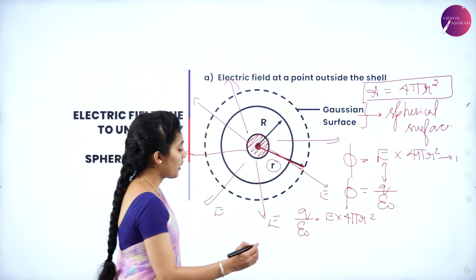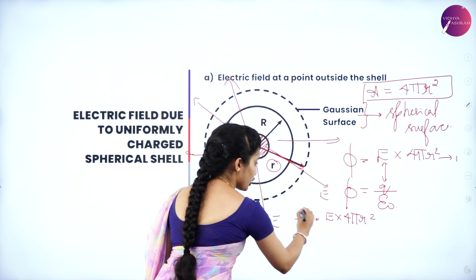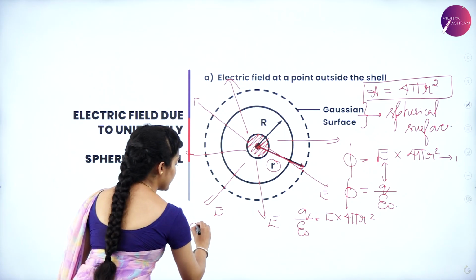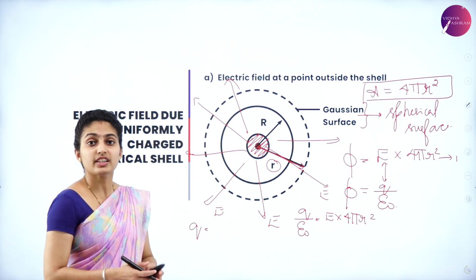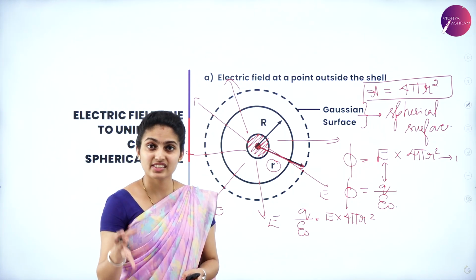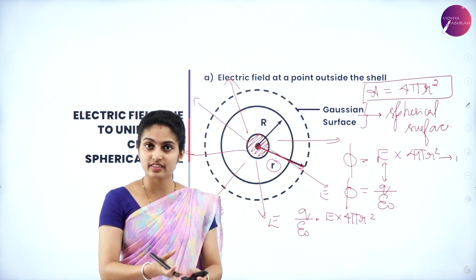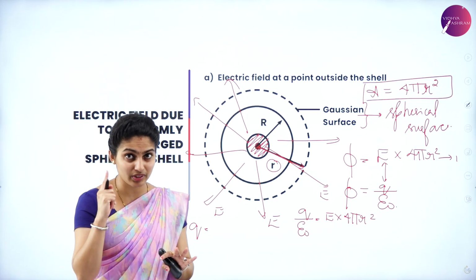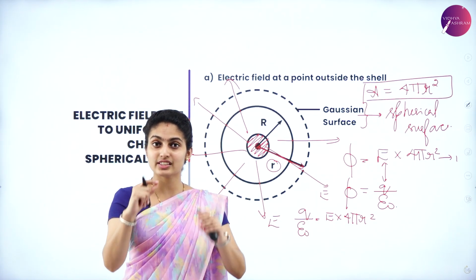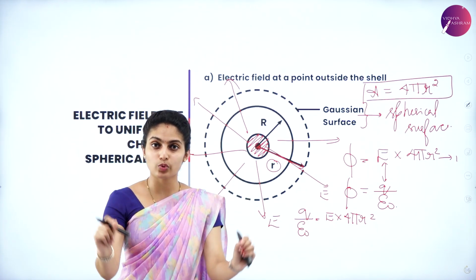Now what is that Q? Here we are considering the surface charge density again, because the uniformly distributed charge is only at the surface and not at the center. Remember this point. The surface charge density lies only at the surface.